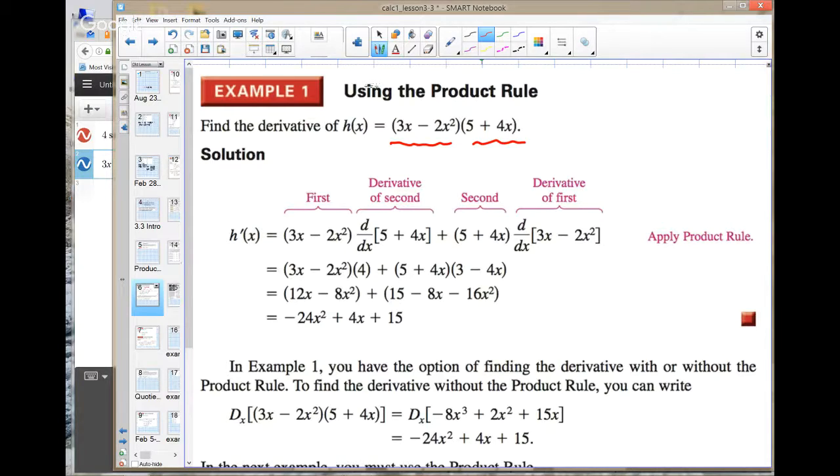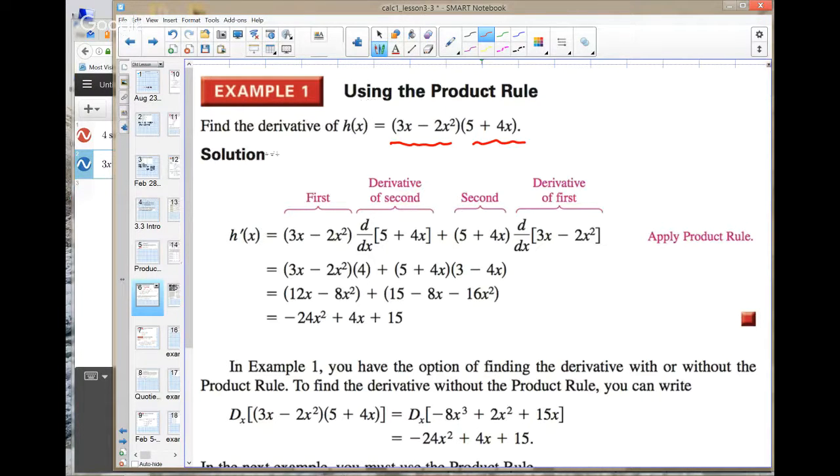So we're showing you the rule on a function where we actually could avoid using the rule, but that's because it's a little bit easier to show you on, okay? Later you'll see some functions where you literally cannot multiply them out first. Okay, anyway, so you can see we have two functions here.